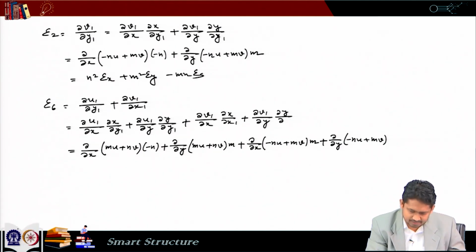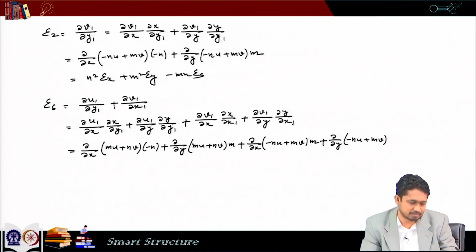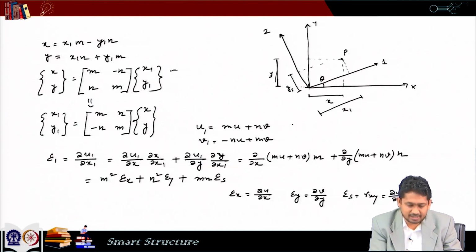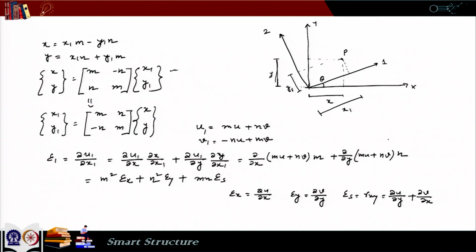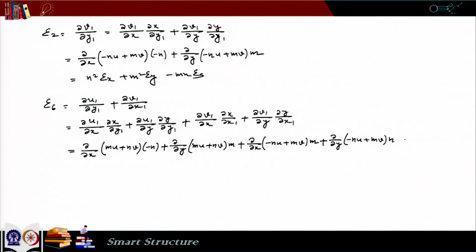So, this is del y by del x 1, and del y by del x 1 is n as per this.